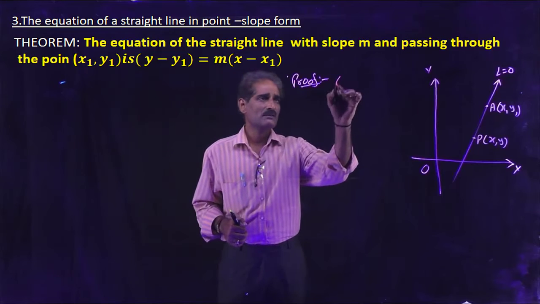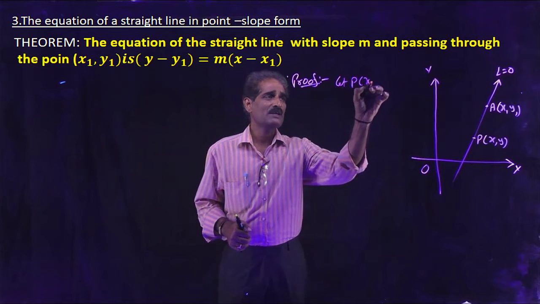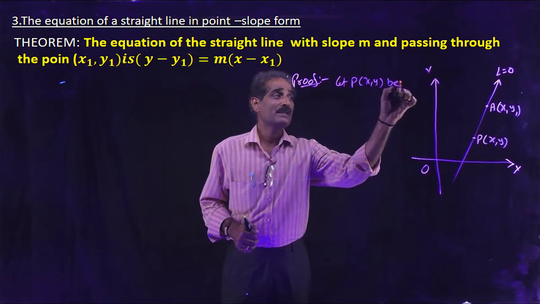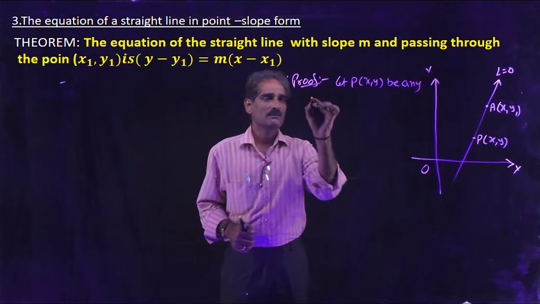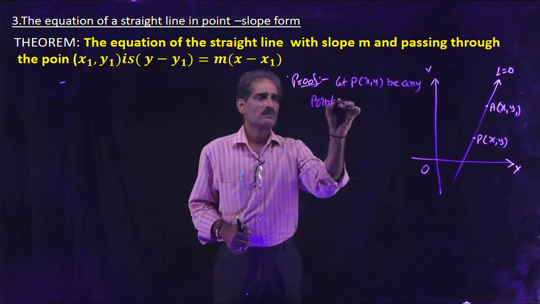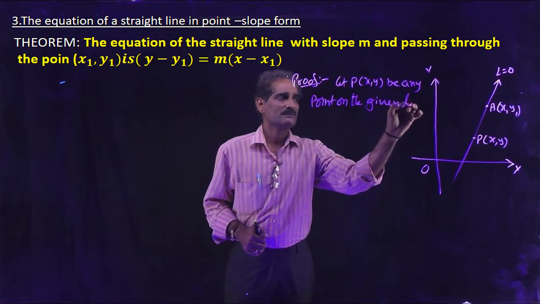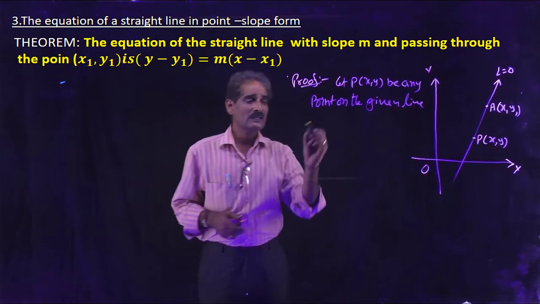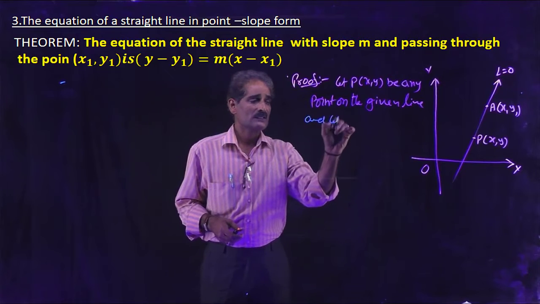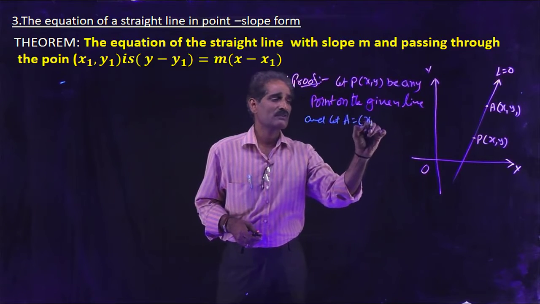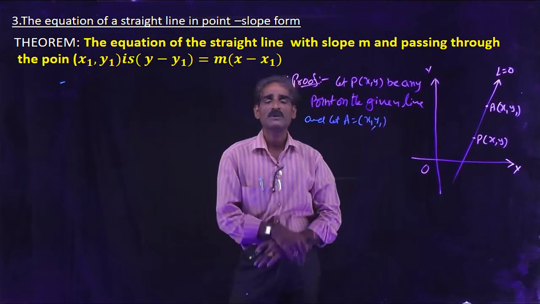So let P(x, y) be any point on the given line, and let A equal to (x1, y1) be a point on the line.